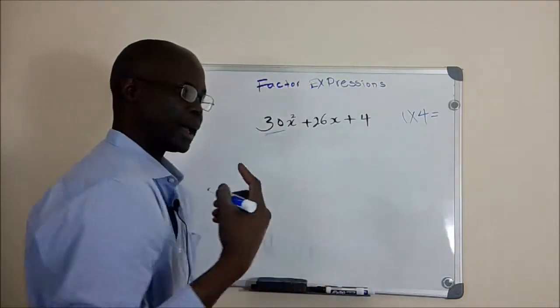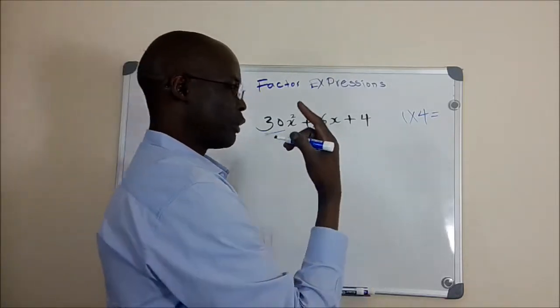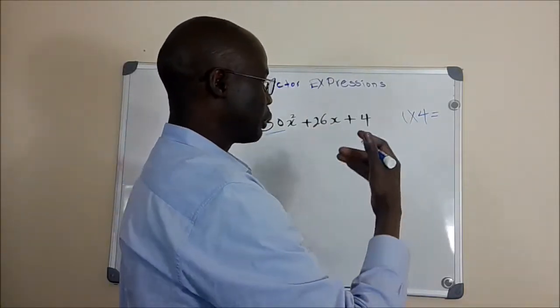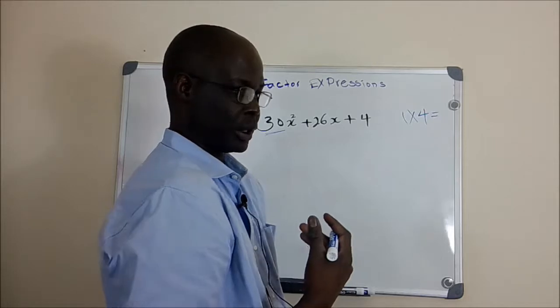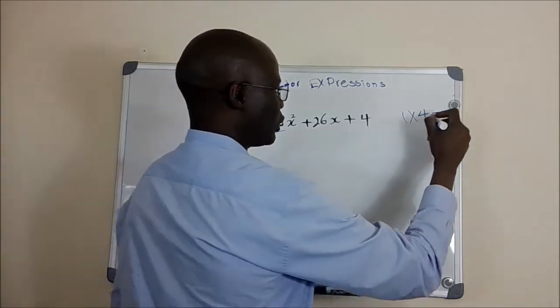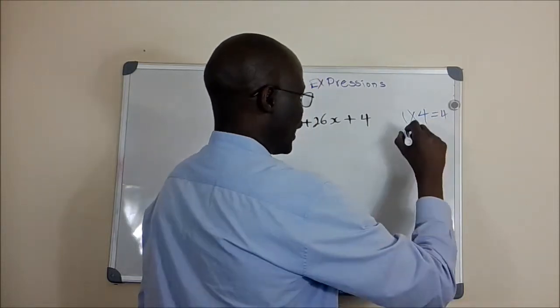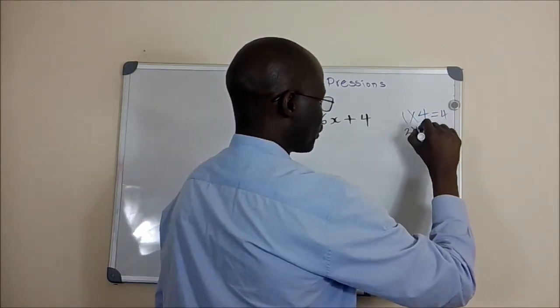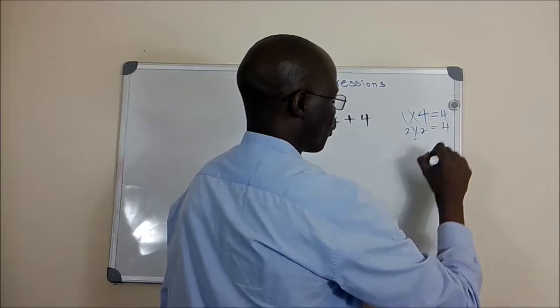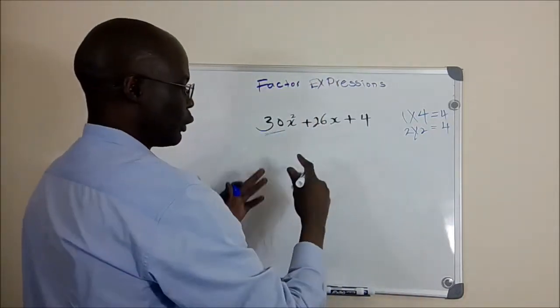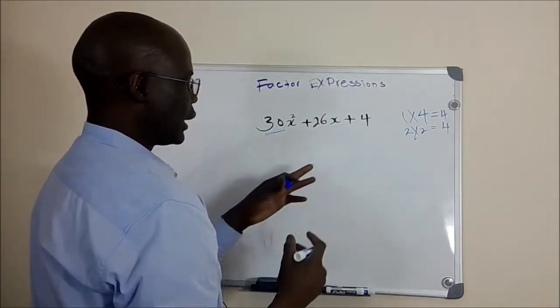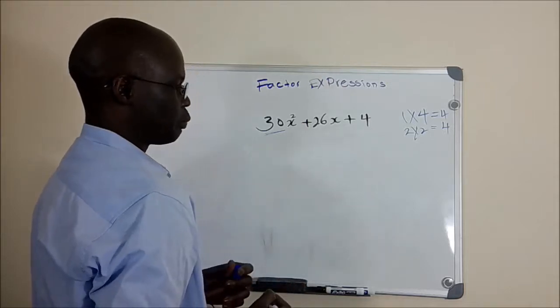The way I do it, we begin with the first number and then you keep going down and you can see what number you need. So 1 times 4 equals 4, and 2 times 2 equals 4. What I'm trying to do here, when I put them together, it should give me this number.